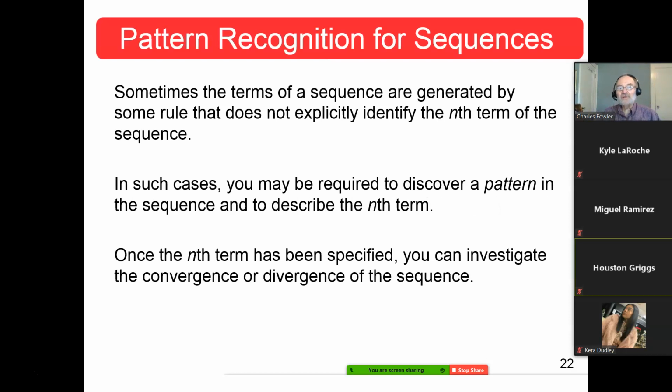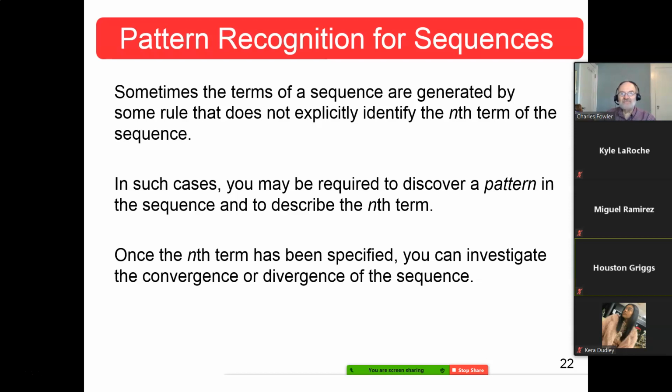Sometimes the terms of a sequence are generated by some rule that does not explicitly identify the nth term of the sequence. Yeah, we're going to run into those. In fact, we really have already run into them. We just didn't point them out. In such cases, you may be required to discover a pattern in the sequence and to describe the nth term.